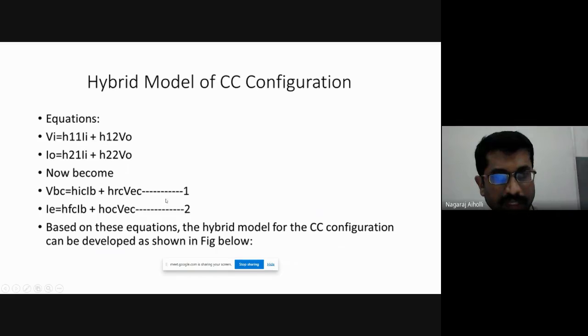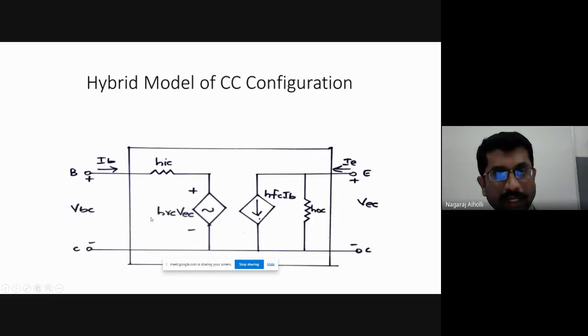Based on these equations, the hybrid model for the common collector is done. Considering the equations, VBC is equal to Hic IB plus Hrc VEC, IE is equal to Hfc IB plus Hoc VEC. Then we get the hybrid model of the common collector configuration.